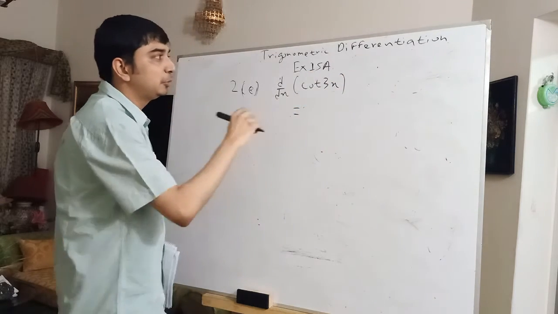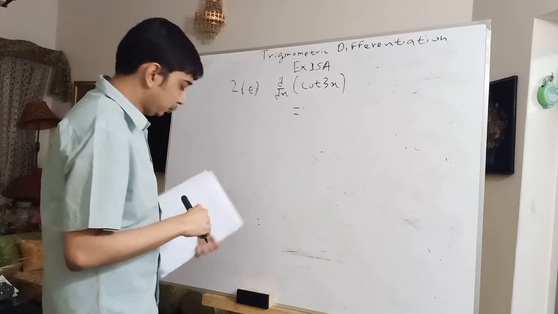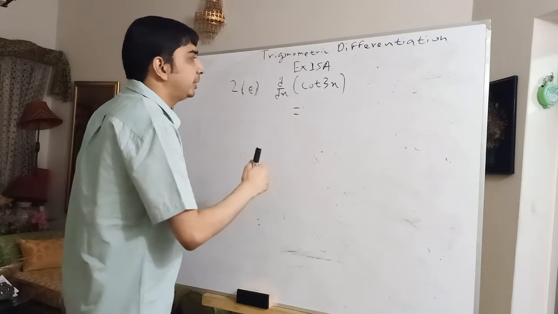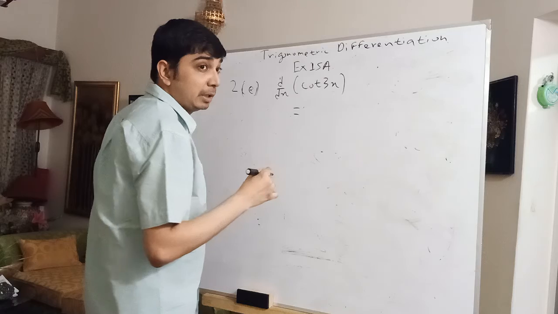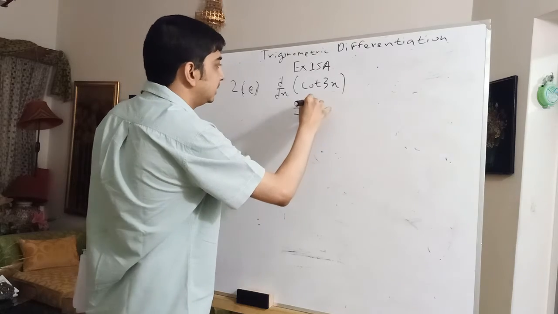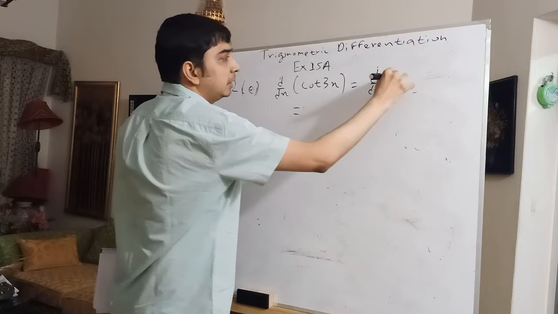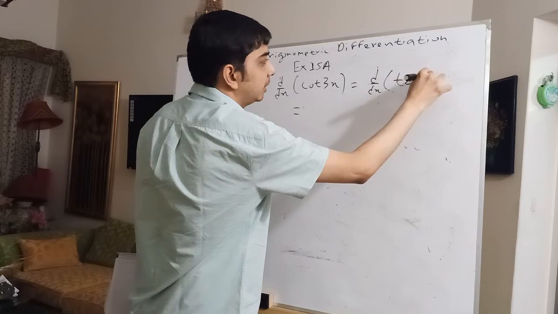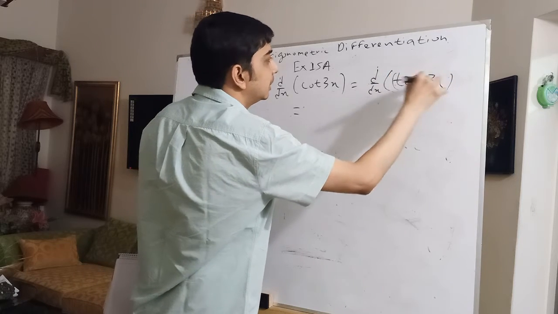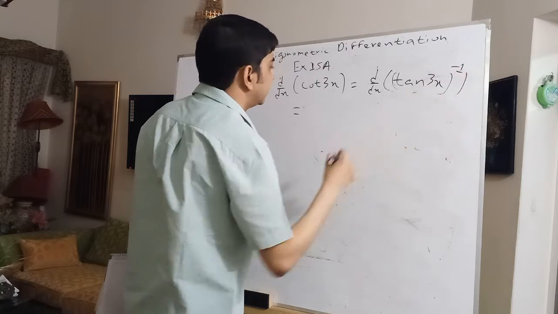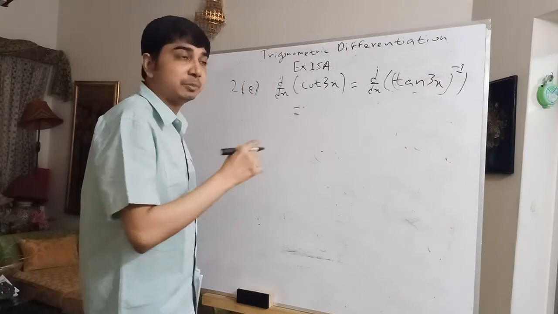So this I am going to do in two ways. So cot 3x, you can view this as 1 by tan 3x, that is differentiation of tan 3x to the power minus 1. So x to the power minus 1 differentiation is minus 1 by x square.